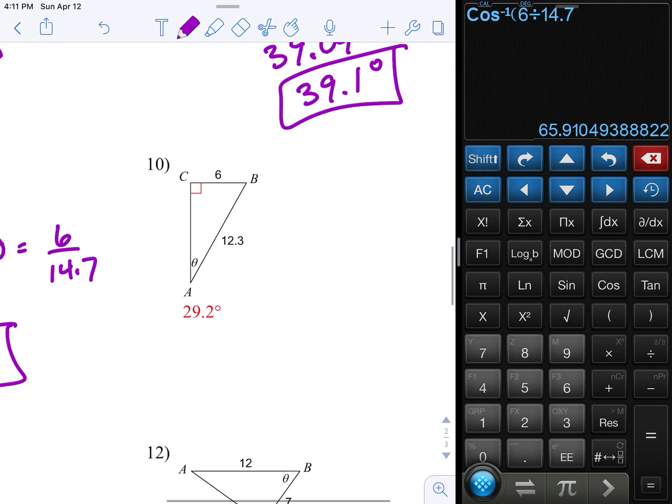Opposite over hypotenuse. Notice, I didn't even say sine, cosine, or tangent. You've got to label the sides first, then pick sine, cosine, or tangent. You're not going to use the cosecant, secant, cotangent at all, so don't even worry about that.